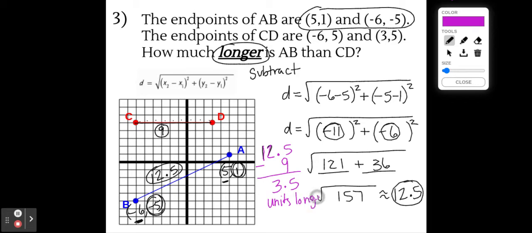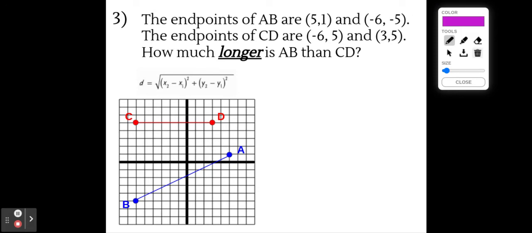So I'm just finding the length of both of them and then subtracting. And I used the distance formula for the diagonal line. There we go. And that's how you do a problem like that. And you could use the Pythagorean theorem, I suppose, too. You could have made a right triangle out of this one, but I wanted just to practice the distance formula.